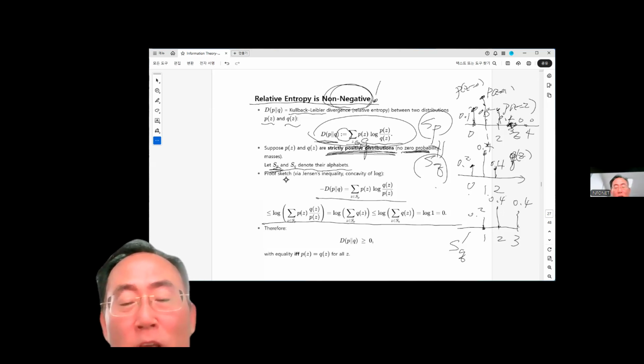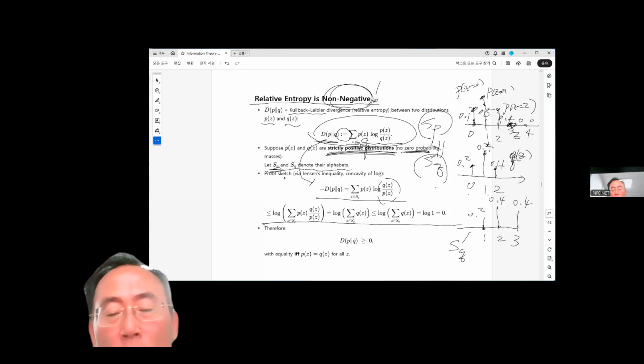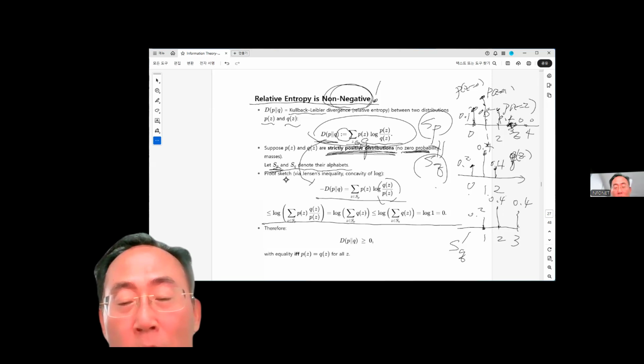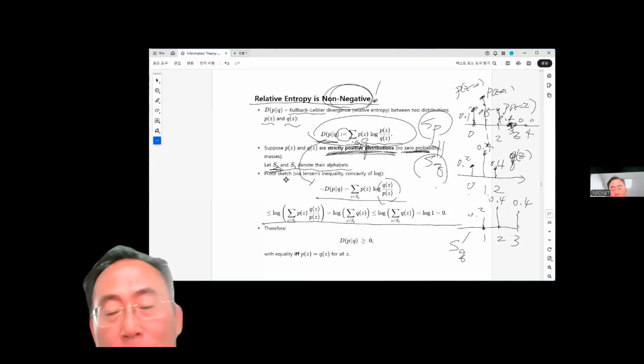Okay. So here, applying this definition, I have a minus D between P and Q. Since I have a minus sign, the inside of the log should be inverted. So Q(z) appears upstairs, right?